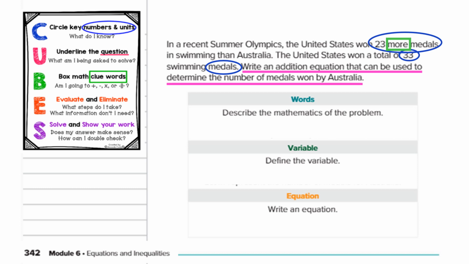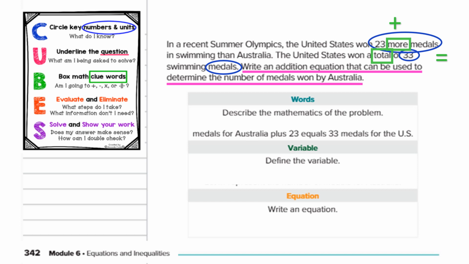When I look at that math packet that you all have been given, you should be marking and finding the math terms and what they indicate that I need to do as far as my math functions go. More tells me that I am adding. So then I know that total is going to be my equal sign. So if I know what I have, then I can start working through the process.